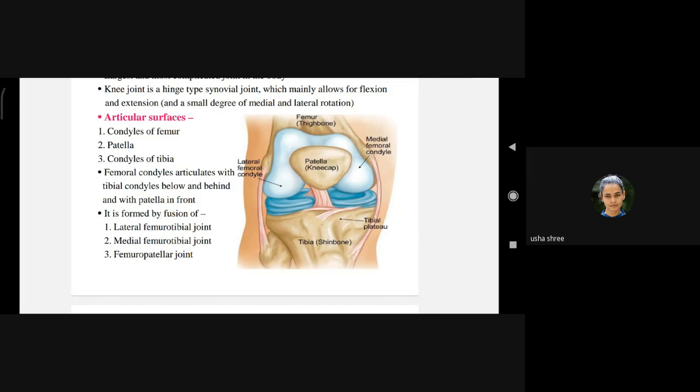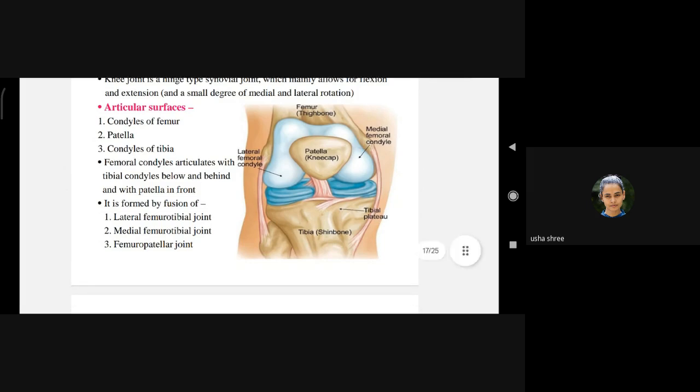Femur is thigh bone, the upper one, the longest one. The upper leg bone, that is thigh bone, and tibia, that is shin bone. We can feel that shin bone or tibia in front of our lower leg. We can touch it and feel that the front bone of our lower leg is tibia or shin bone.